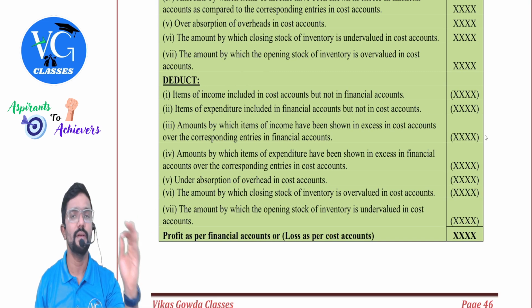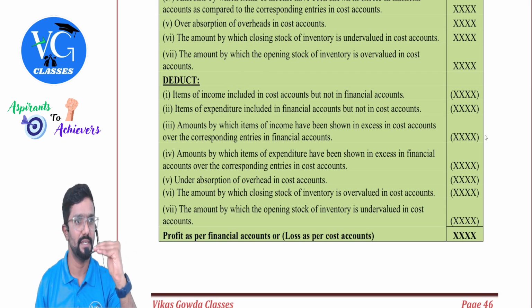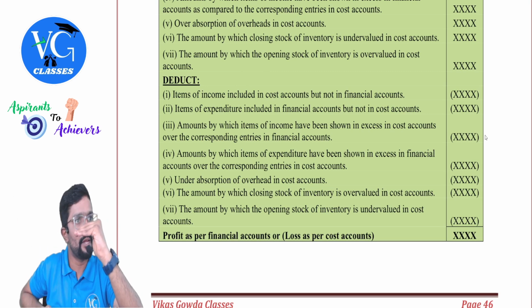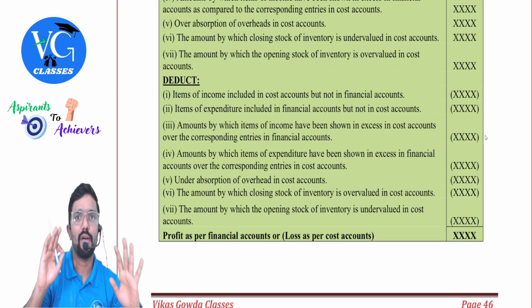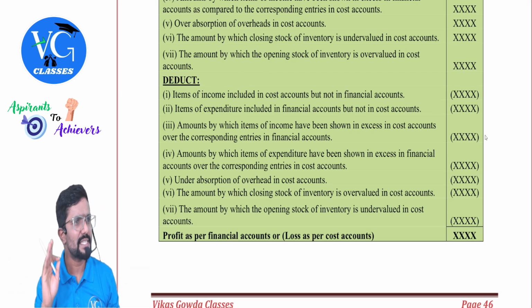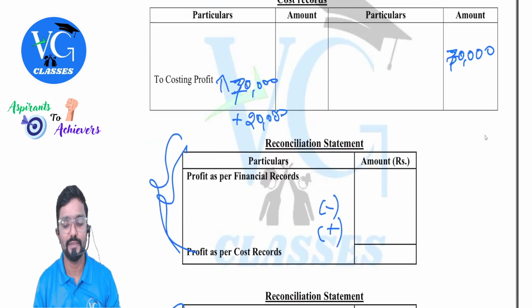Because of this item, my base profit, with which you are starting, is it increased or decreased? If I have to match it with the other profit, what should I do? Add or deduct? Accordingly decide. Guys, it is just a plus minus game, but just take time and think. If required, you can do rough working like this.